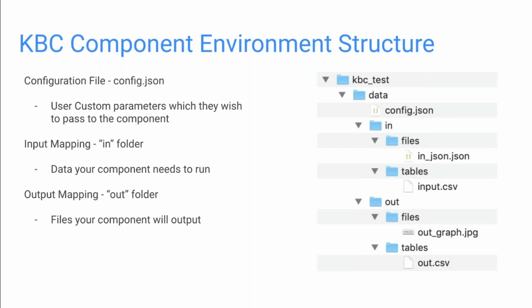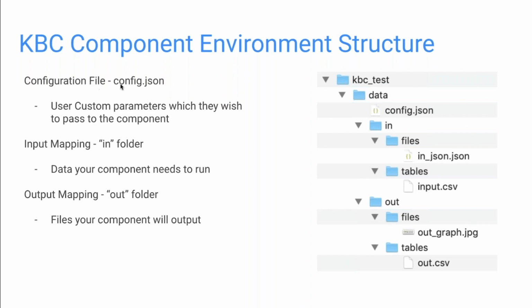KBC component environment. Every time Docker Runner spins up a virtual environment, this is how it looks in general. So this is basically the component data folder. Okay. In here, there's configuration. In it are lists of input mappings, input files or tables. Okay. Out means output mapping. So what is the configuration file?